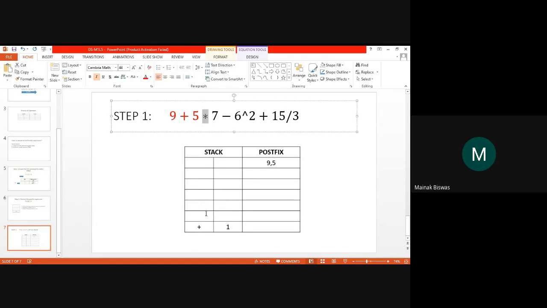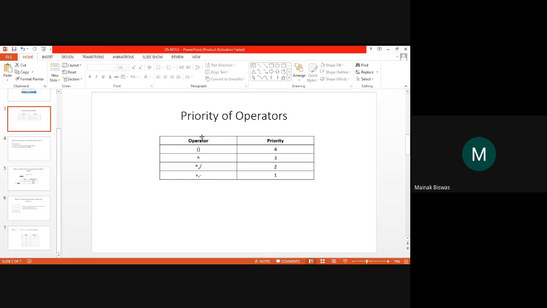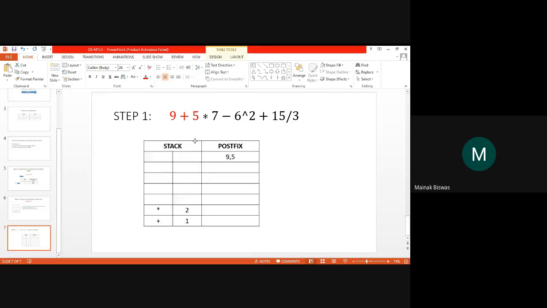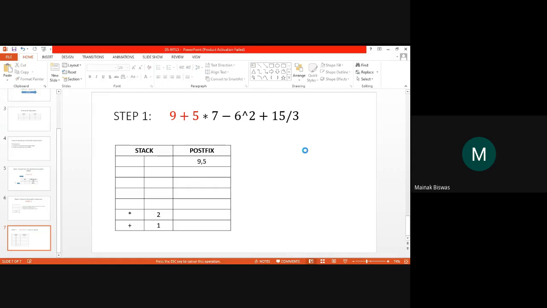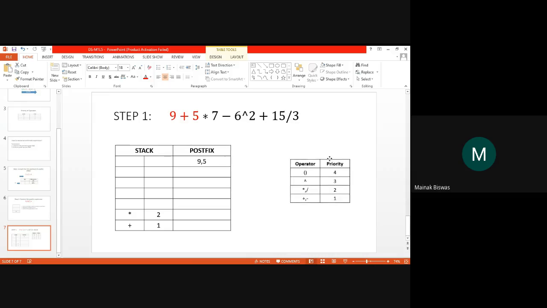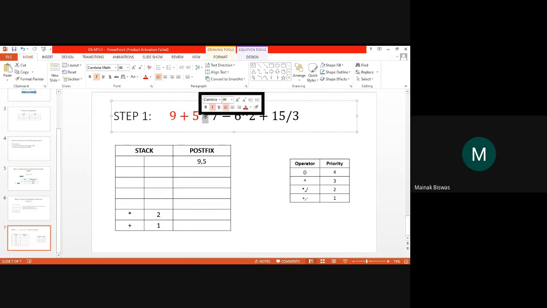Addition is 1 and multiplication is 2, so we can push it. So multiplication is also done.